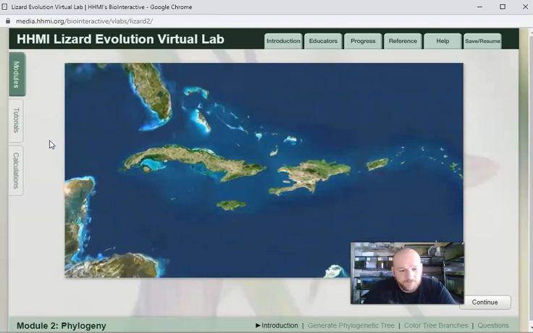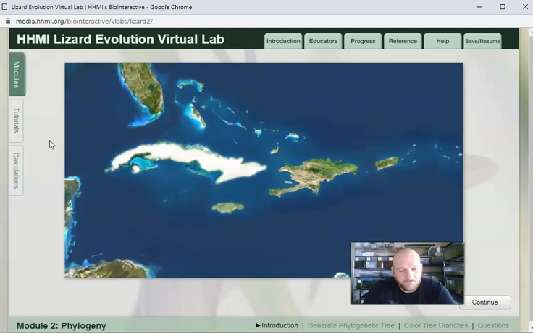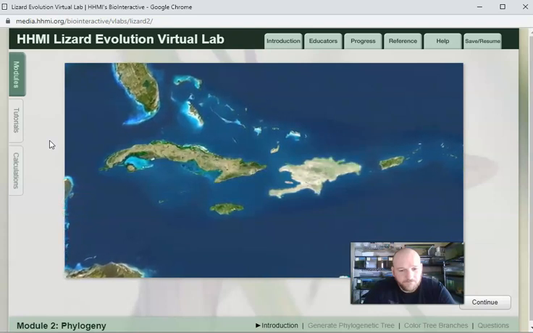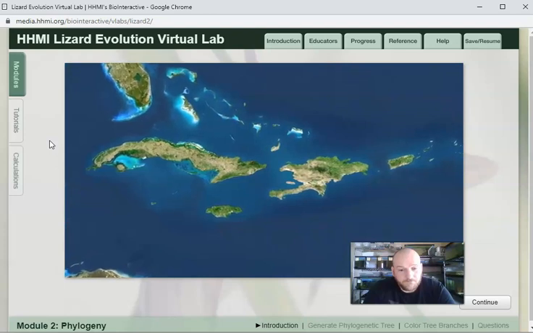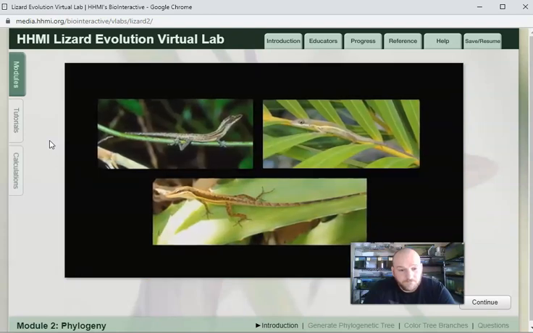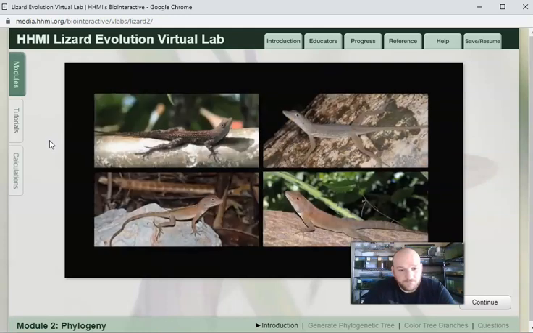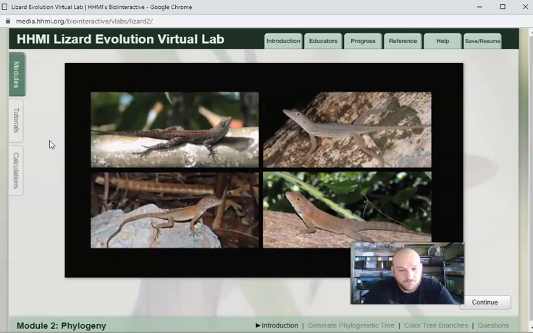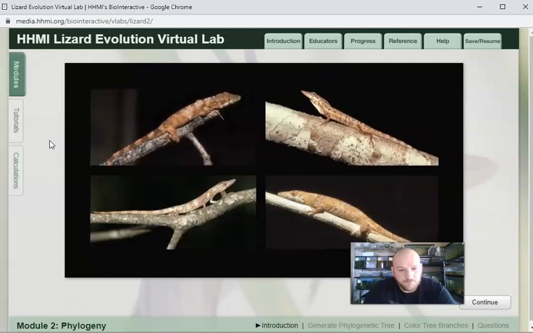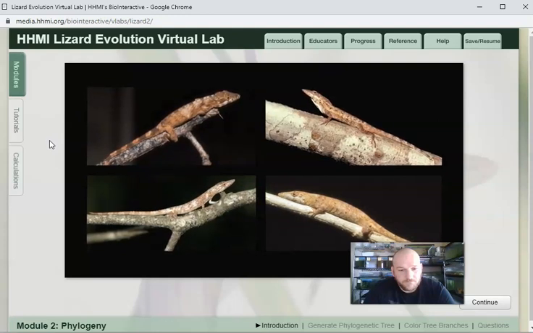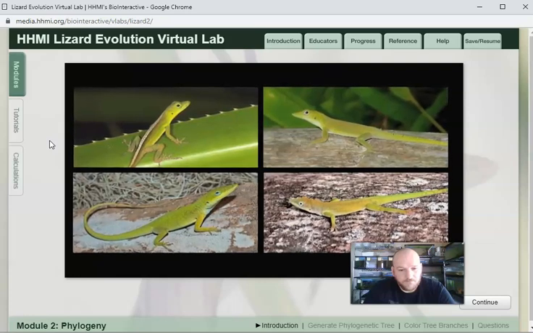On each of the Caribbean's 4 largest islands, Puerto Rico, Jamaica, Cuba, and Hispaniola, we find the same distribution of similar-looking lizards. Each island has slender grass bush anoles with long tails, long-legged trunk ground anoles, short-legged twig anoles, and canopy anoles with large toe pads.